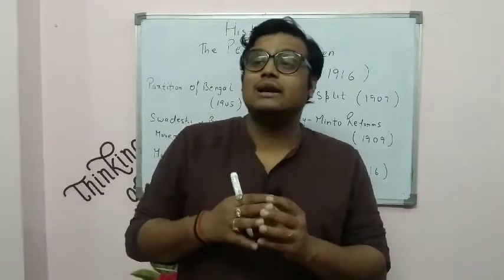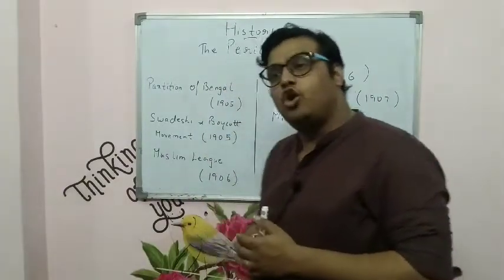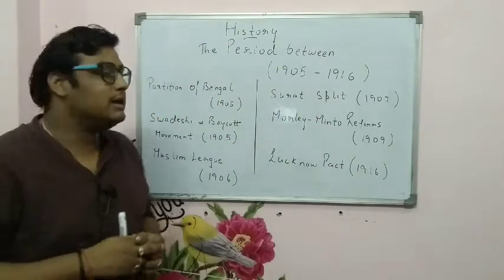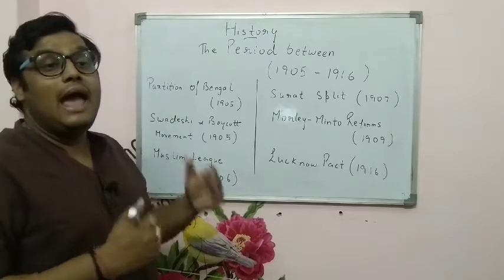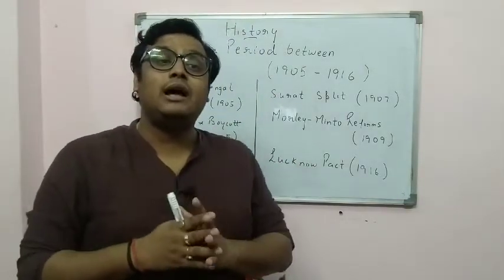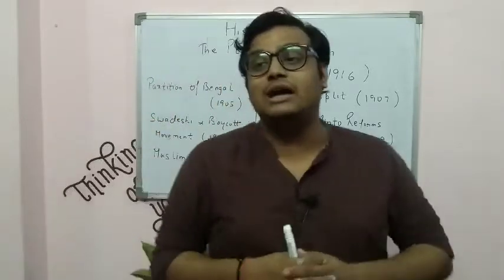Because Bal Gangadhar Tilak in this year 1905 launched the Swadeshi and boycott movement, and he is known as the forerunner of Gandhi because he adopted a non-violent manner, which was taken over by Gandhiji afterwards.